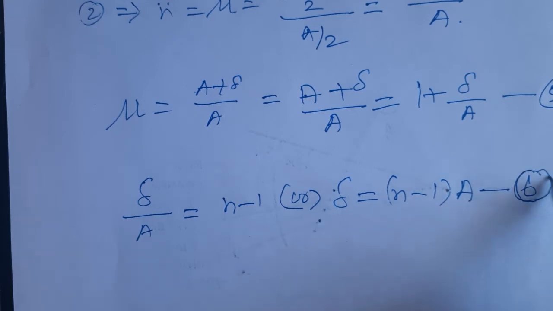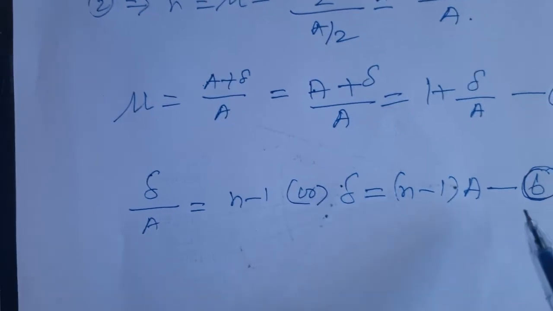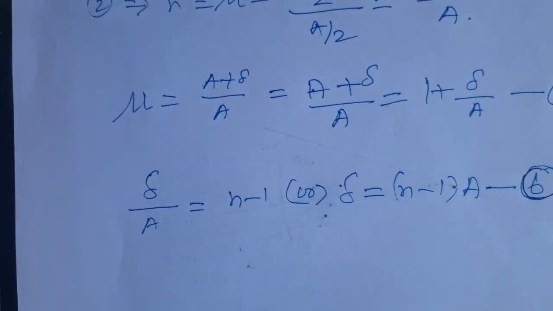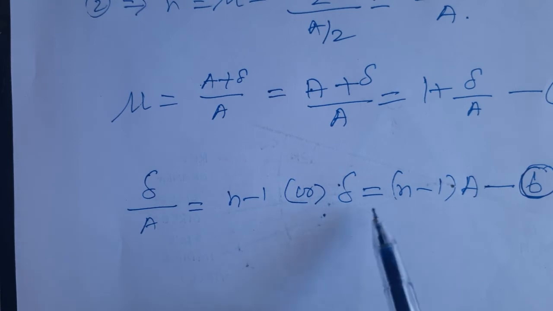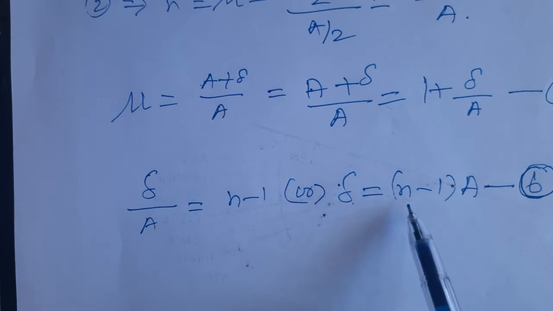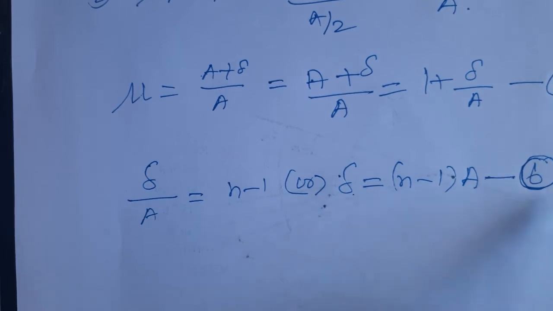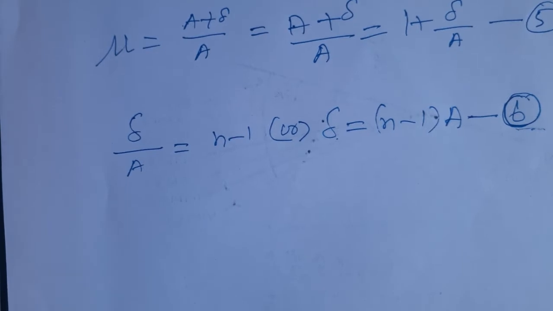This is the main equation from which we are going to get the other equations. We are simply applying it for different colors, for violet and for red: what the deviation is and what the refractive index is.